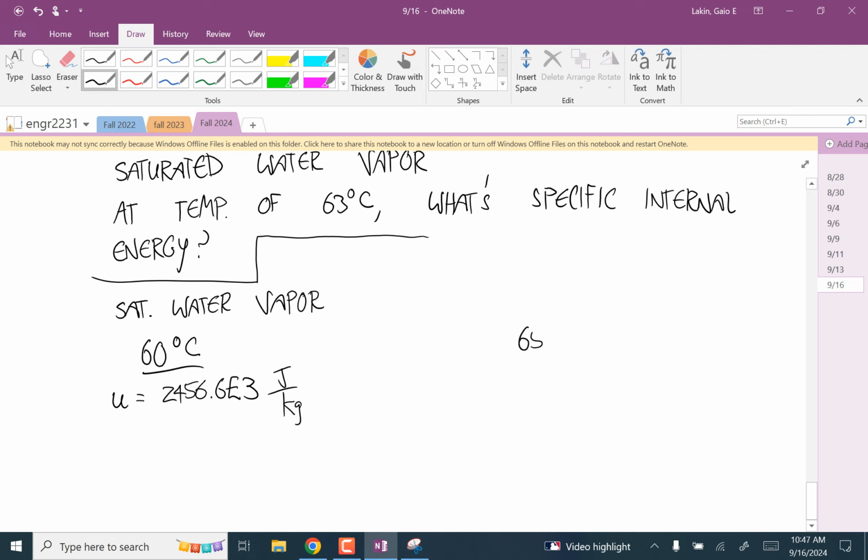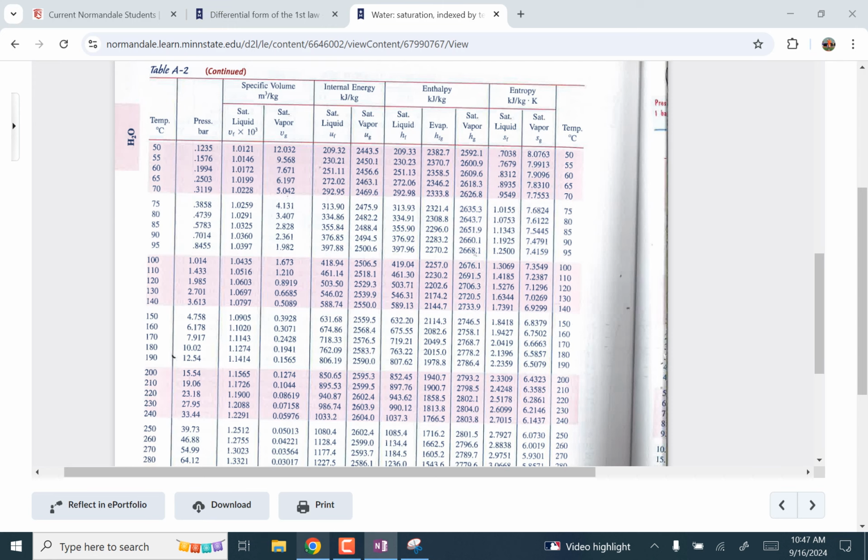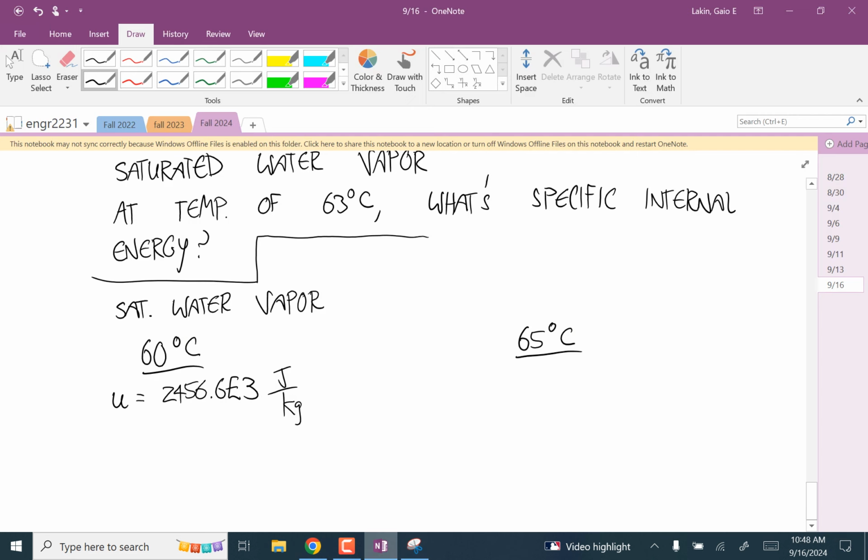And then at 65 degrees Celsius, we have 2463.1 times 10 to the third joules per kilogram. And I'll call these U1 and U2.